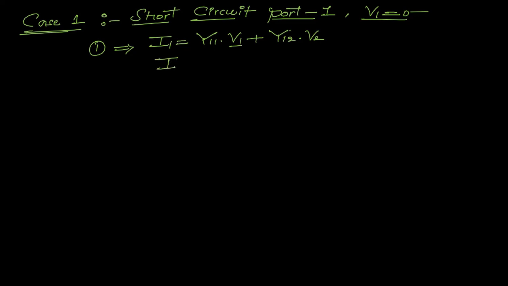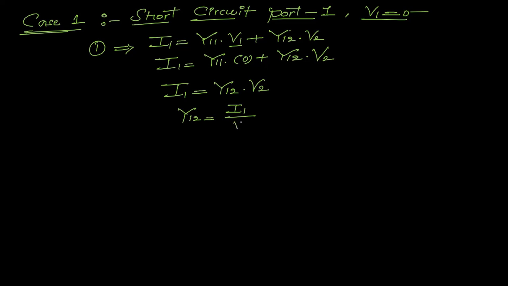Instead of V1, substitute 0, so I1 is equal to Y11 times 0, plus Y12 V2. Simplifying, 0 times something is 0, so I1 is equal to Y12 V2. From this we can write Y12 is equal to I1 divided by V2.